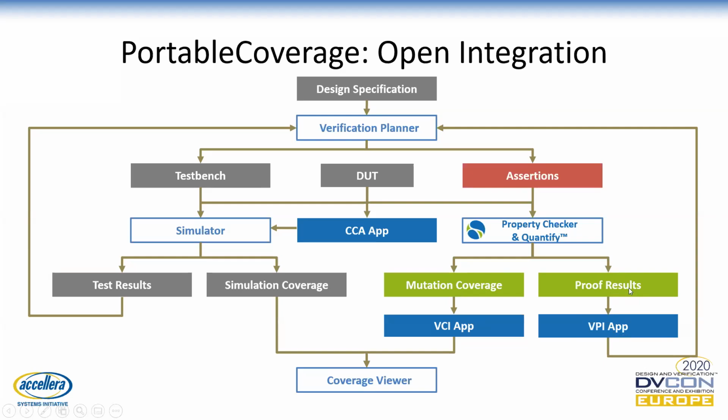So we have the proof results passing through the verification planning integration app, and the results are annotated back into the verification planner. When we talk about coverage, the results are passed through another app, which is part of the portable coverage solution. This is the VCI app, the verification coverage integration app, and it ends up in the coverage viewer.